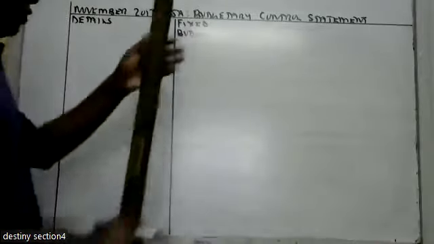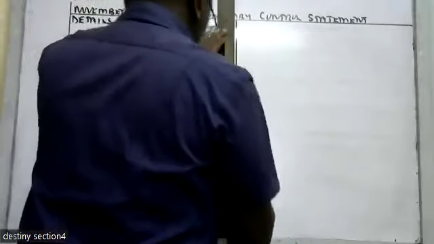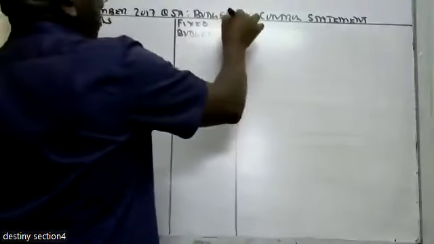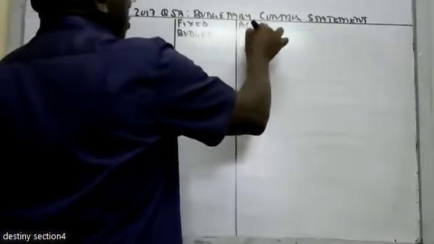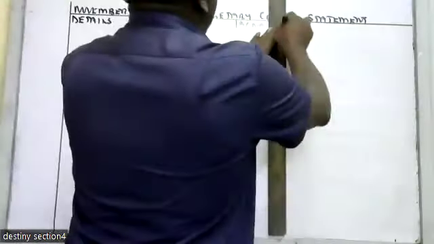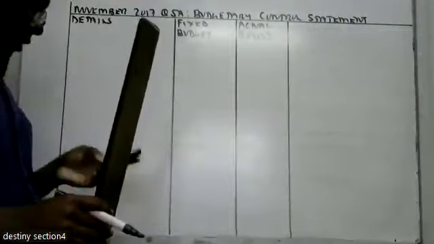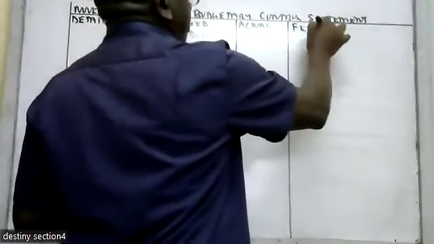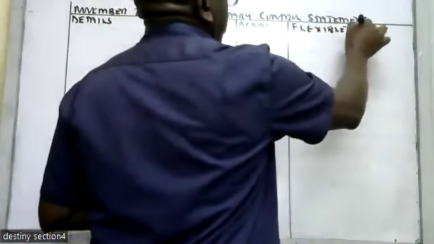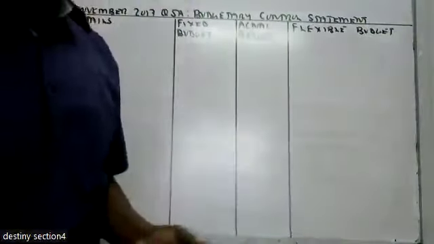Now fixed budget is the original budget. Then we have the actual results. Now these two columns hazina mambo mingi because they don't have workings. Is your flexible budget. Hii ndio inahitaji working. So hii ufanye ikiwa a little bit wider.